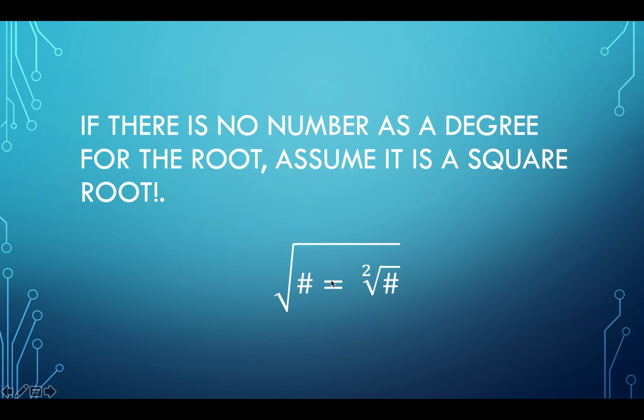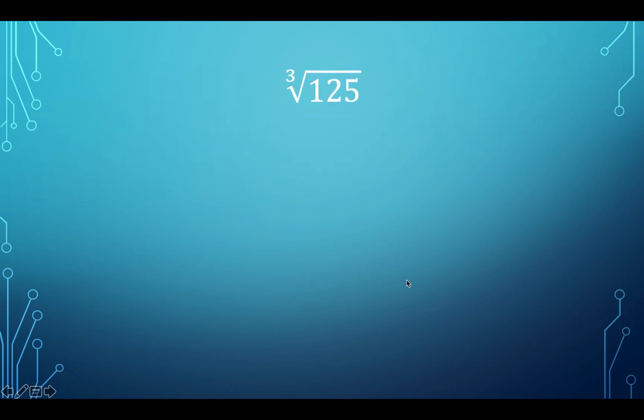So the square root of any number is equal to the 2 radical of that number. Now I'm going to ask you, what is the cube root of 125? It's the cube because the index is 3.